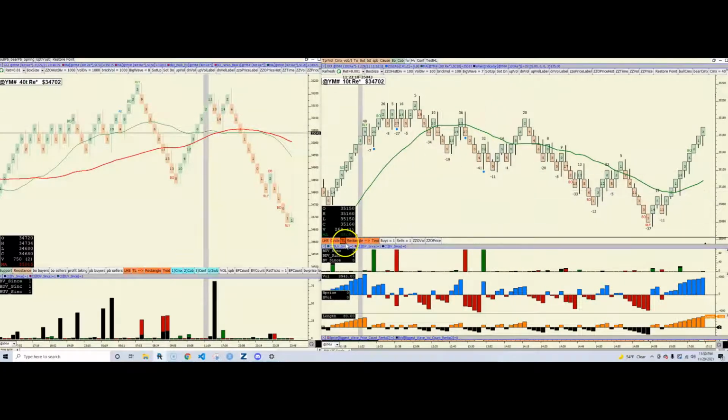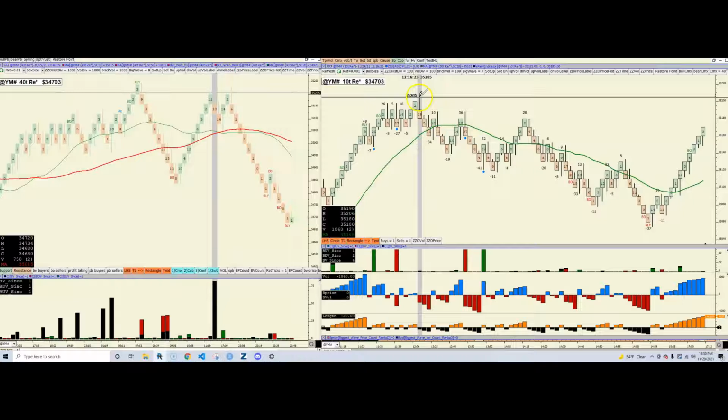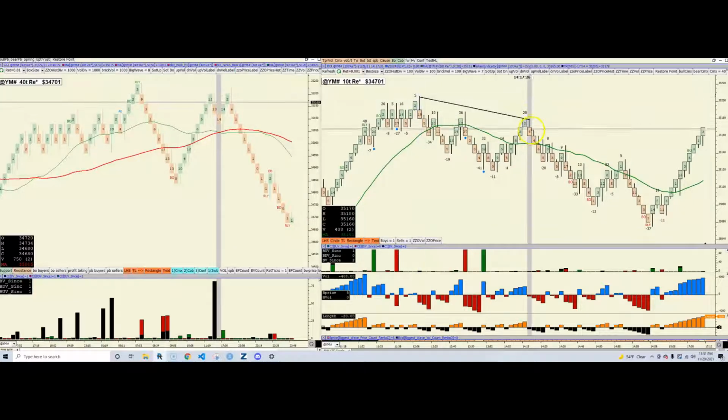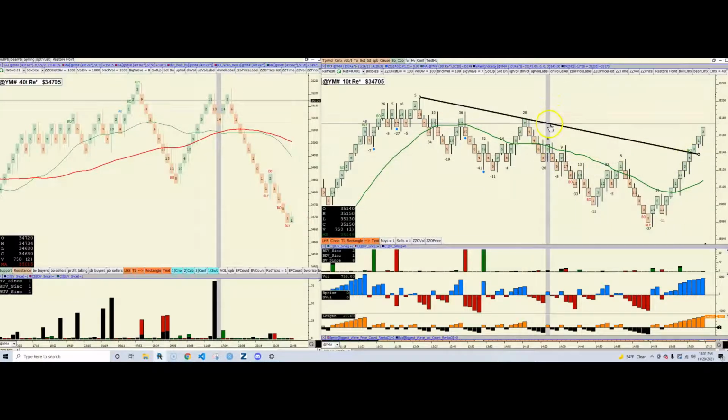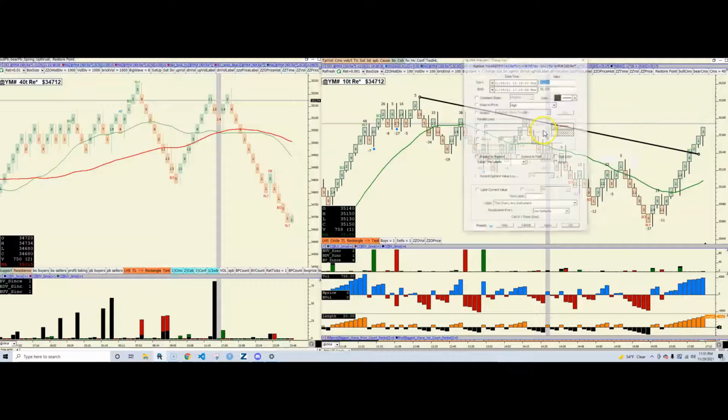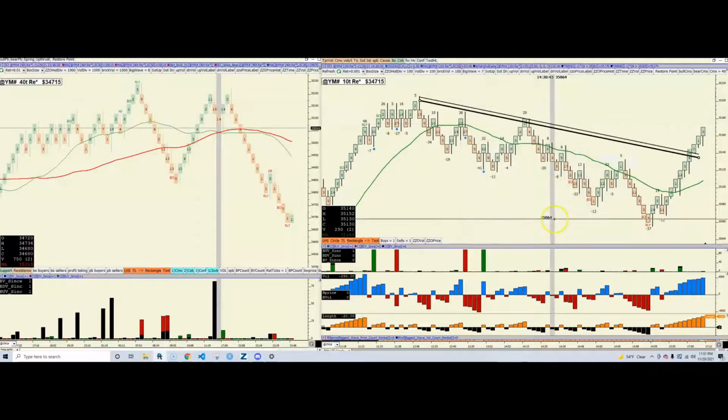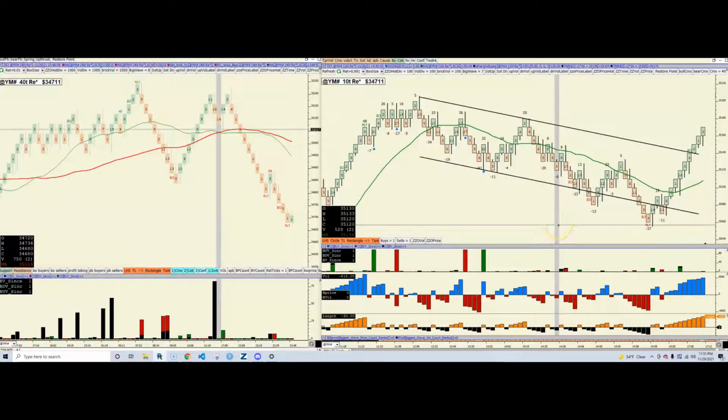So one of the things that you can use a trend line for, right? One of the purposes of a trend line is to measure momentum. The other purpose of the trend line is to measure overbought, oversold conditions.